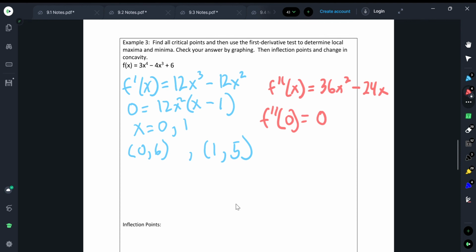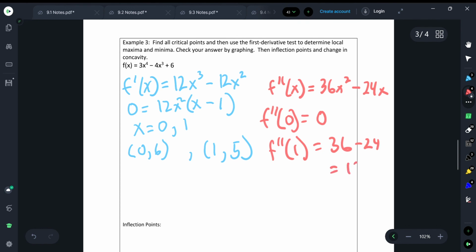All right, then let's go to 1 here. So this is going to be just 36 minus 24, which is going to be 12. So that's positive, which means it should be the opposite, which is going to be a minimum. Okay, let's look at what that looks like.